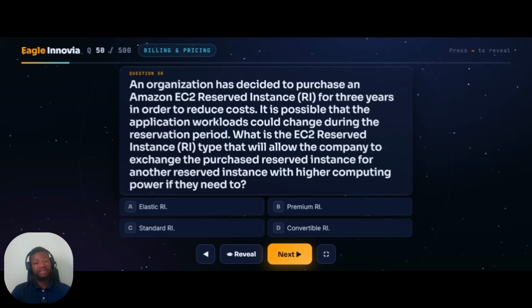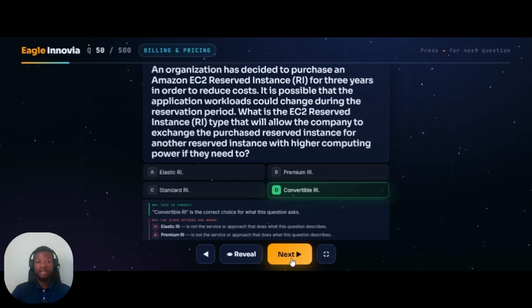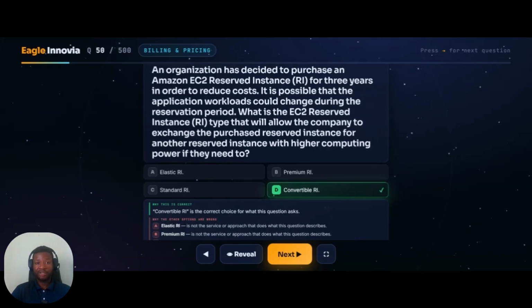A. Elastic Reserved Instance. B. Premium Reserved Instance. C. Standard Reserved Instance. D. Convertible Reserved Instance. The answer is Convertible Reserved Instance. It can allow the company to exchange the purchased instances for another reserved instance with higher computing power as much as the need allows.